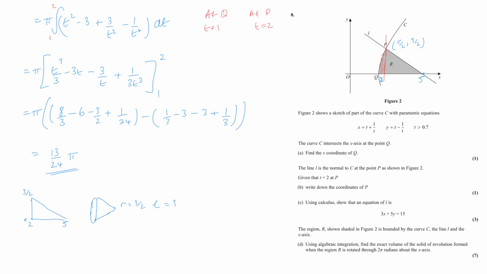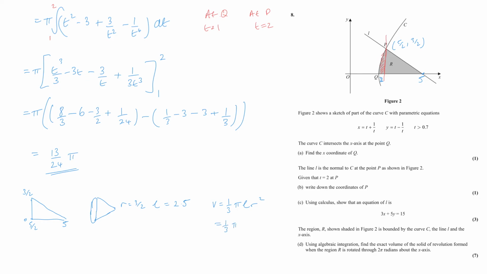No, sorry, not length 3. That's not 2, is it? Q is 2, that's 5 over 2. So length is 2.5.